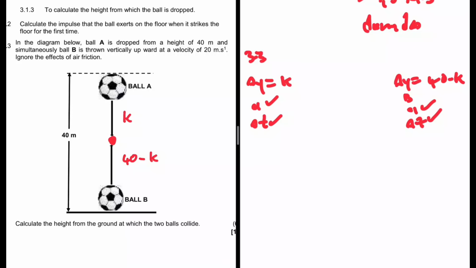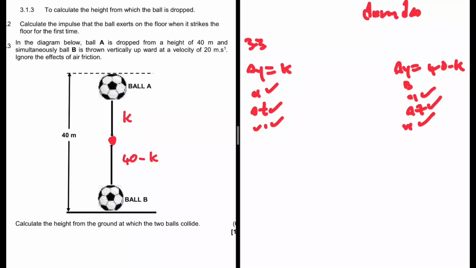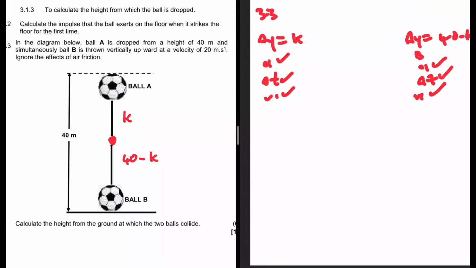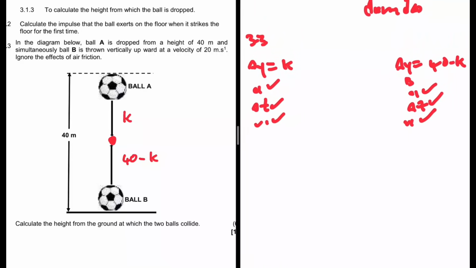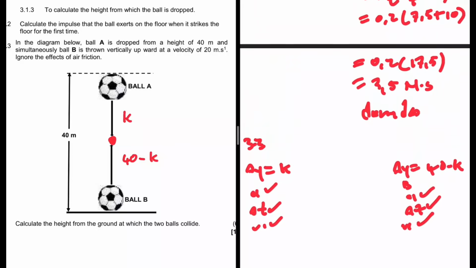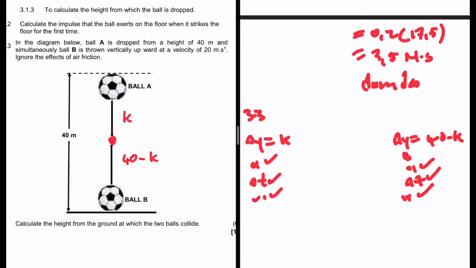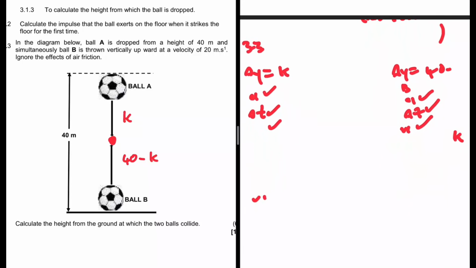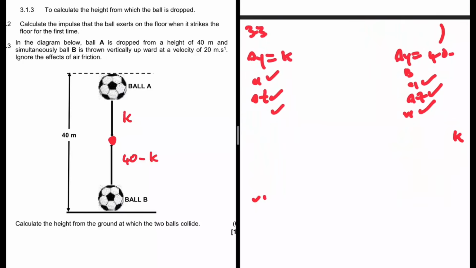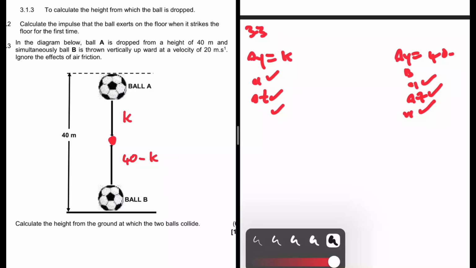Oh, they are dropped. So if they are dropped, we have Vi. Well, one object is dropped and the other one is projected upwards. So if we start with ball A, let me just drag these upwards. I don't want to write this in 2 pages if I can write it in one.